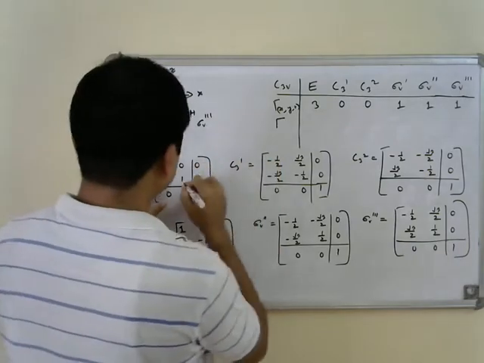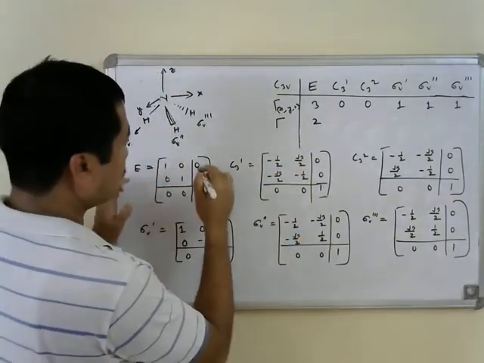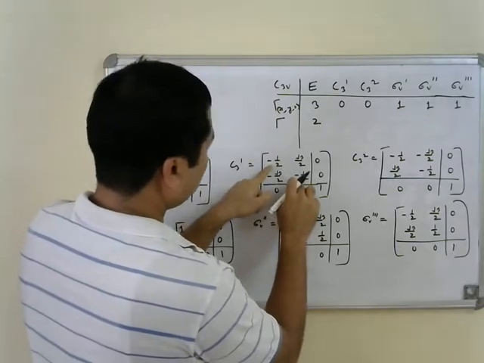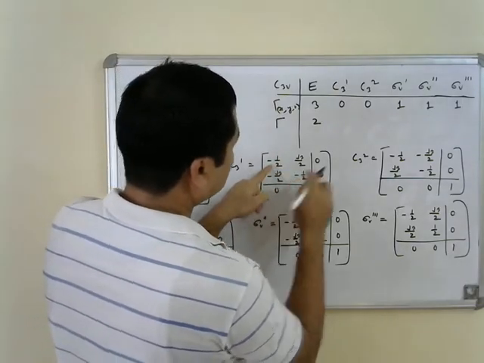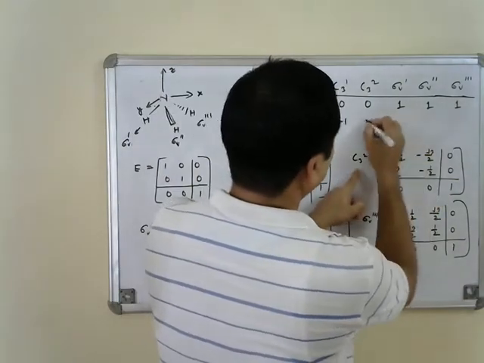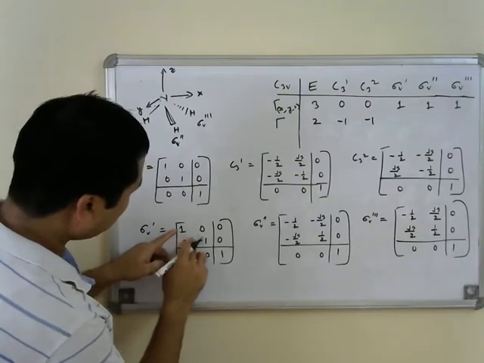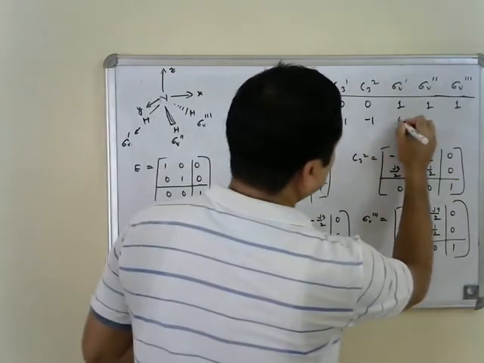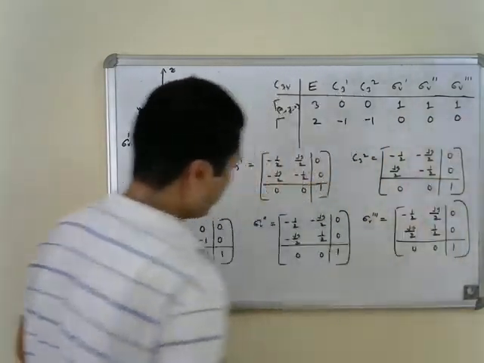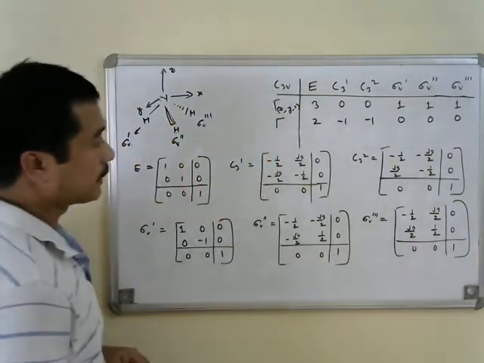In this case, the character for this is going to be equal to 2. Then the character for C31 is going to be equal to minus half, minus 1. C32 is going to be again minus 1. And sigma v dash is going to be 1 minus 1, that is 0. So 0 and 0 for sigma v double dash and sigma v triple dash as well.